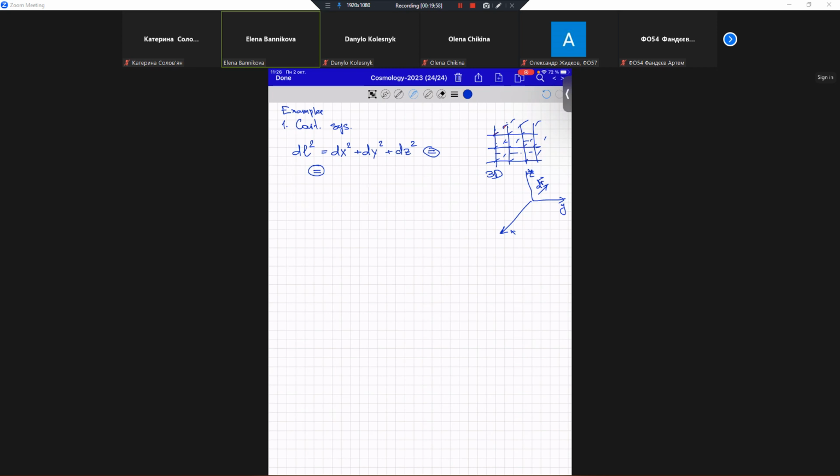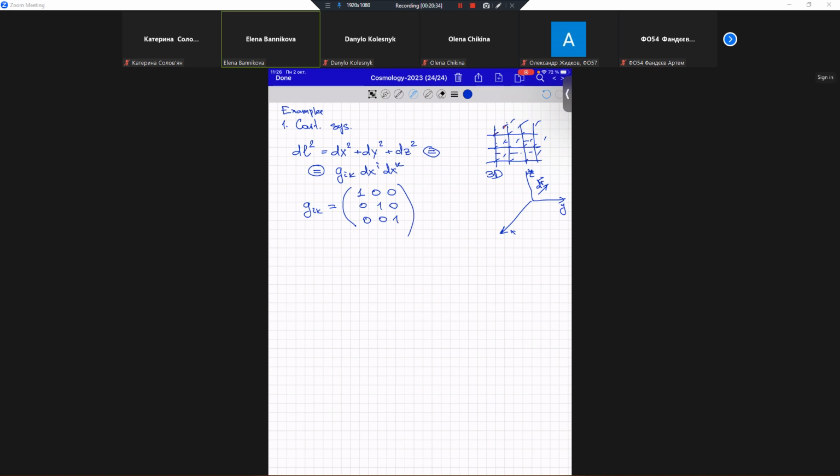If I write the same as g_ik dx^i dx^k, I can see that the component of the metric tensor is this one. As we discussed, it's a table, and the component of the metric tensor is constant in this case: 1, 0, 0, 0, 1, 0, 0, 0, 1.